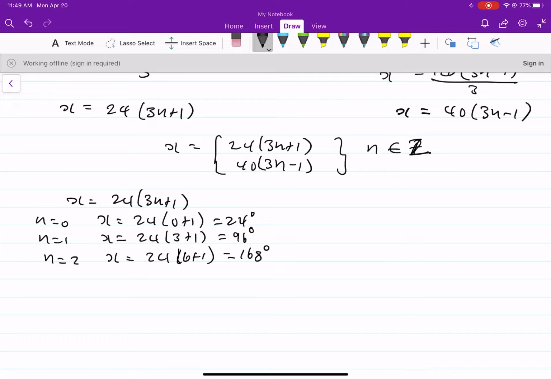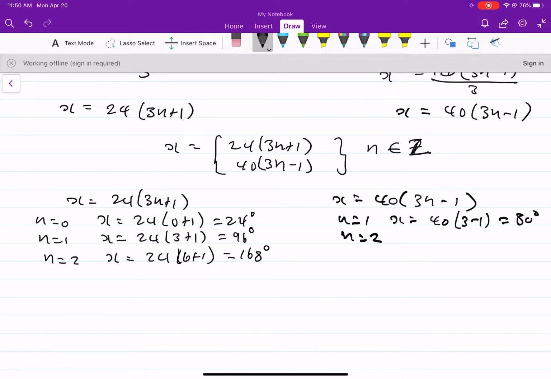For the other half, x is equal to 40 into 3n minus 1. If I try n equals 0, I'll get a negative angle, so n equal 1. When n is equal to 1, x would be equal to 40 into 3 minus 1. That's 80 degrees. If I try n equal 2, I think that will go past 360.